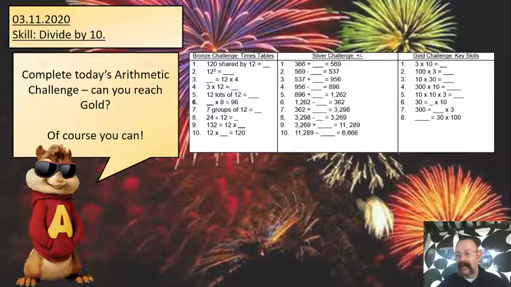For silver challenge today, it was 203, 32, 419, 60, 366, 900, 2036, 29, 8020, 4623. And for gold, it was 30, 300, 300, 3000, 300, 3, 100, and the last one was 3000. So I hope you did okay with those. We're just going to move on.